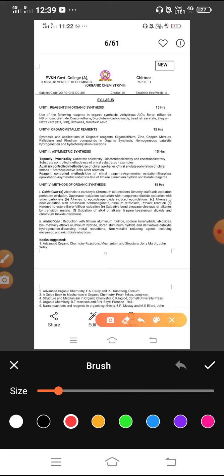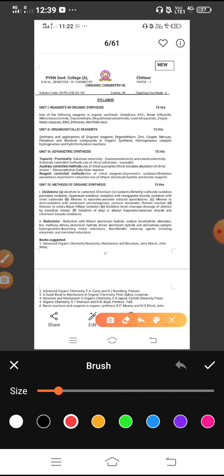What is an oxidation reagent? A reagent which is used in oxidation is called an oxidation reagent. A reagent which is used in reduction is called a reducing reagent. A reagent which is used in C single bond C formation is called an organometallic reagent.